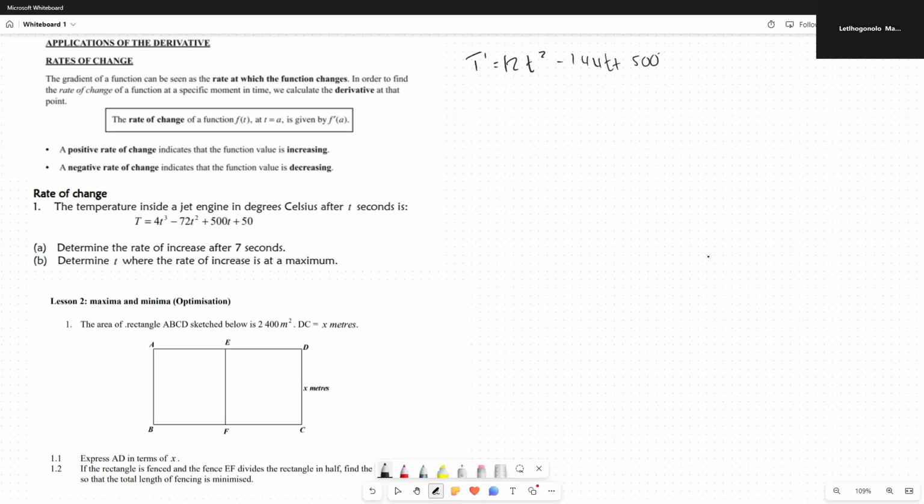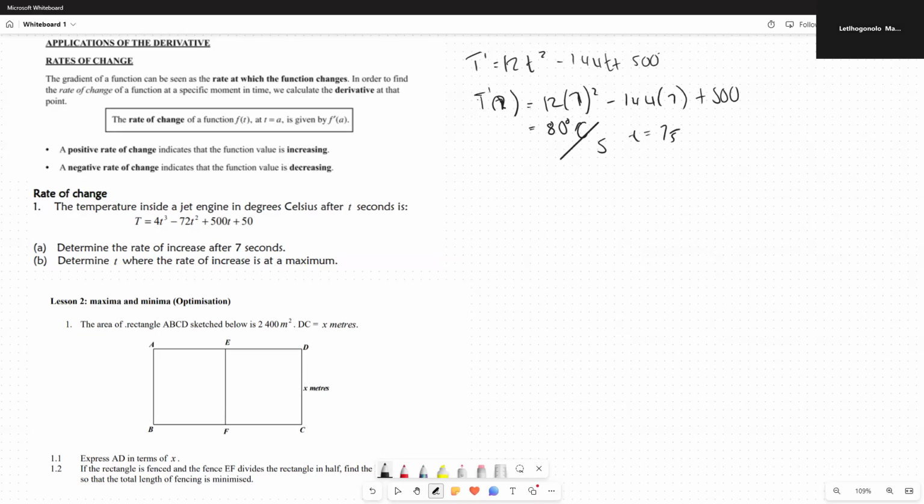And we're then going to substitute in t equals 7 seconds, which will then give us 80 degrees Celsius a second. So we can see that it was increasing by 80 degrees Celsius per second at t equals 7 seconds.